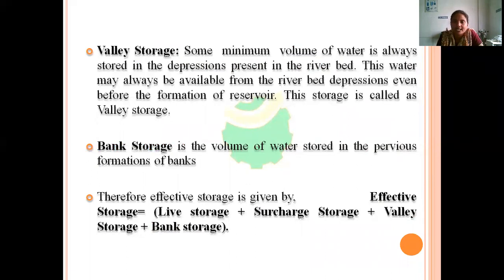Next one, valley storage. Some minimum volume of water is always stored in the depressions present in the riverbed. This water is always available from the riverbed depressions even before the formation of the reservoir. This storage is called the valley storage. Actually, when a reservoir is constructed, we are modifying the riverbed. Before construction of the reservoir, the actual storing capacity of the river is called the valley storage.